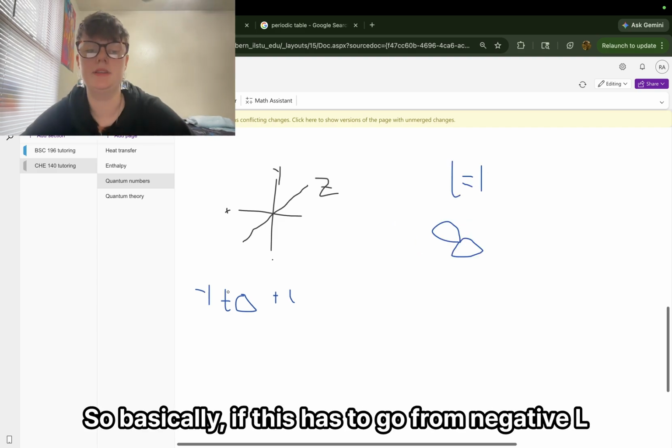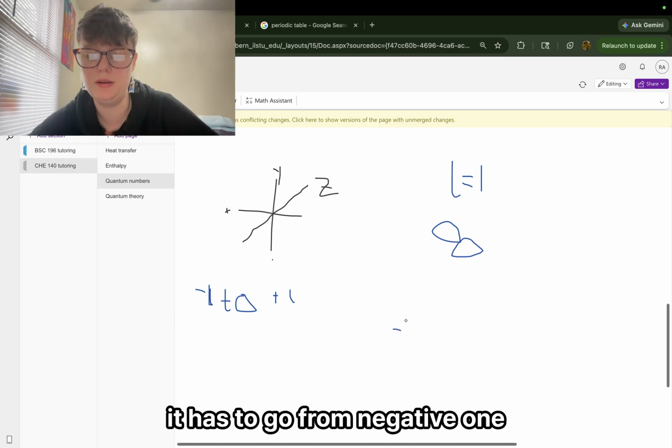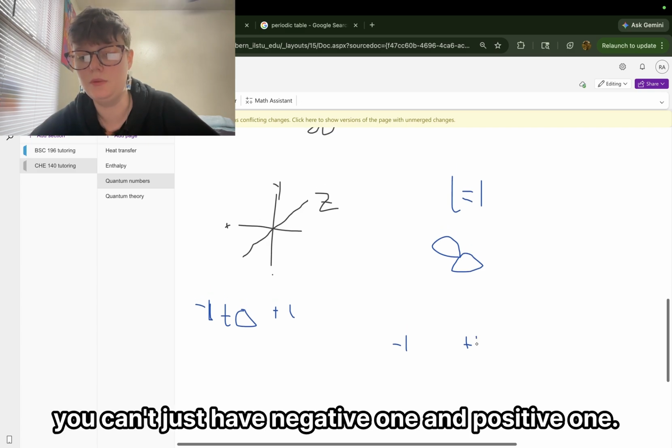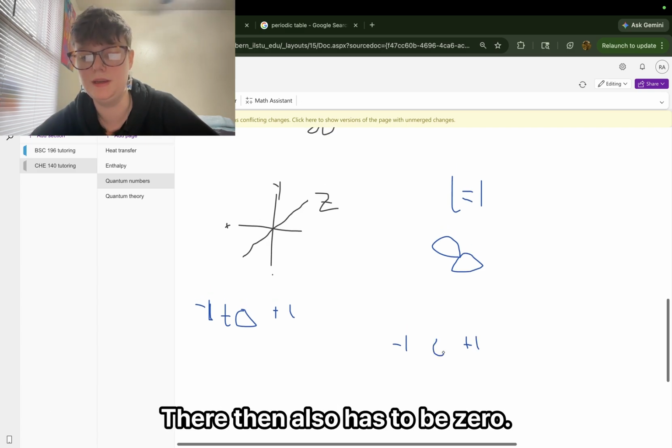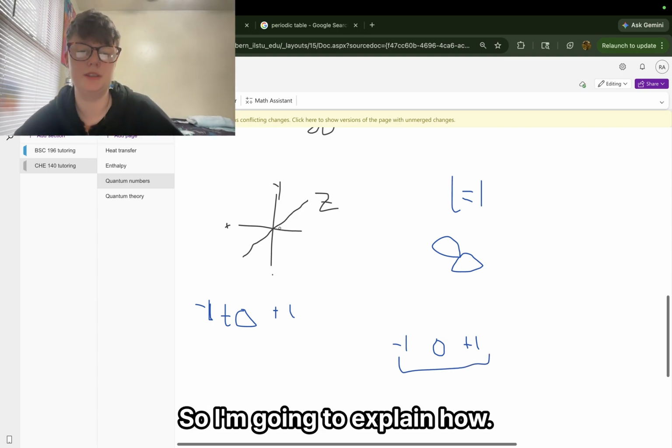If this has to go from negative L to positive L, it has to go from negative 1 all the way to positive 1. However, you can't just have -1 and +1, there also has to be 0. This means that there are 3 different orientations possible. So I'm going to explain how.